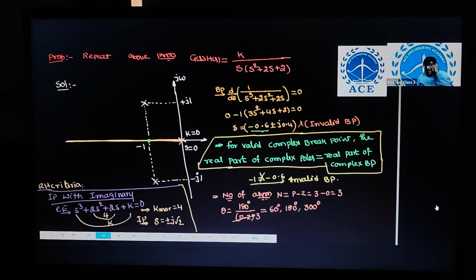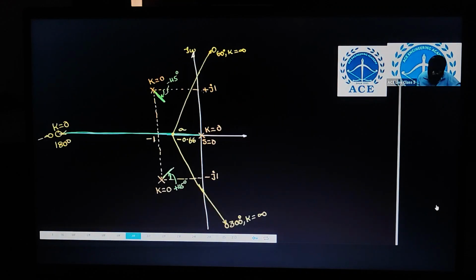Is plus j root 2 below this line or above this line? That is the problem. To identify that, you have to find this point. What is this point? Anybody? 1.41.